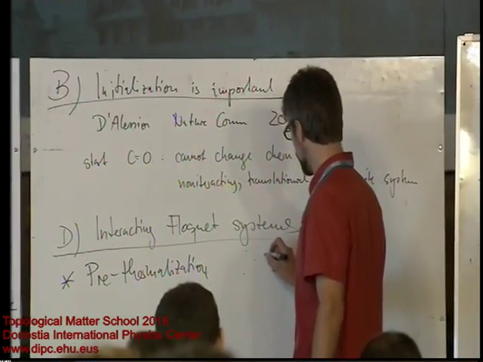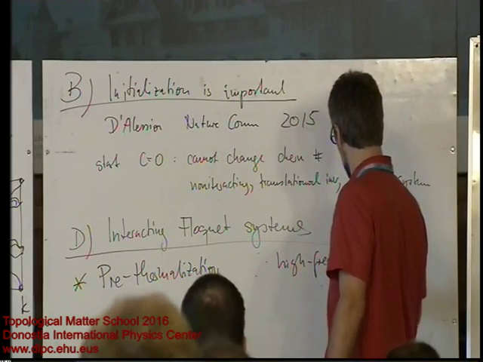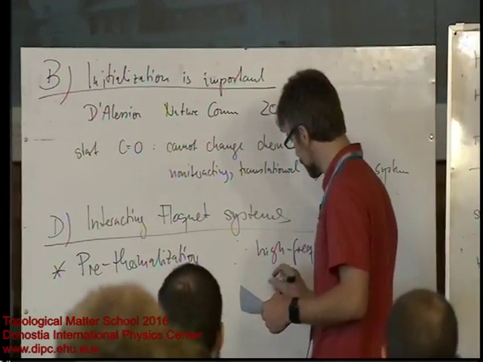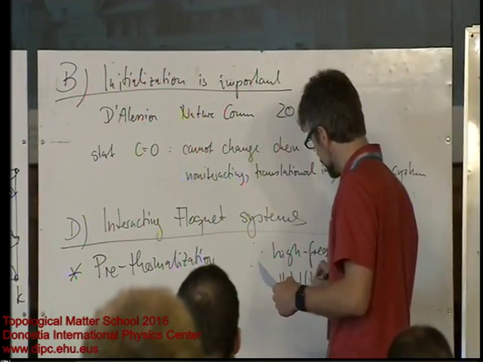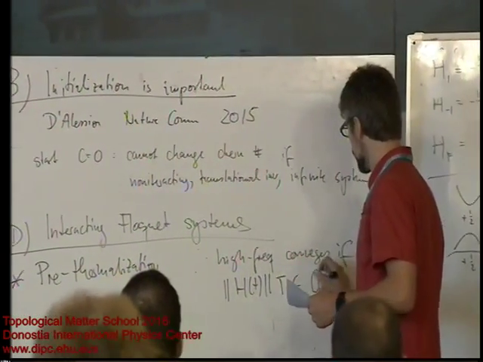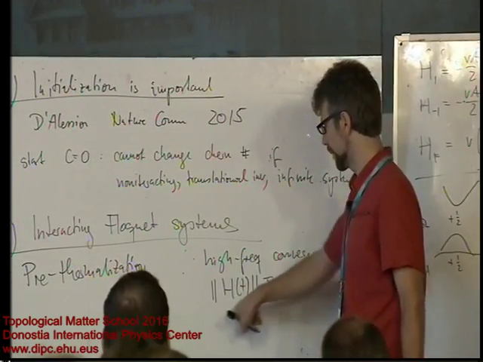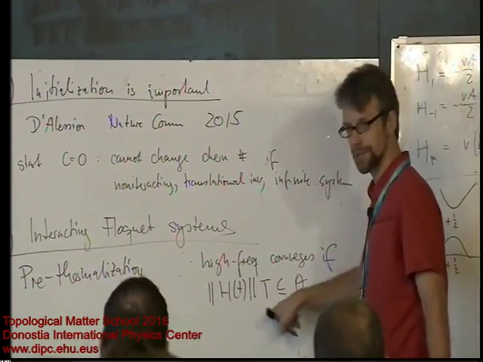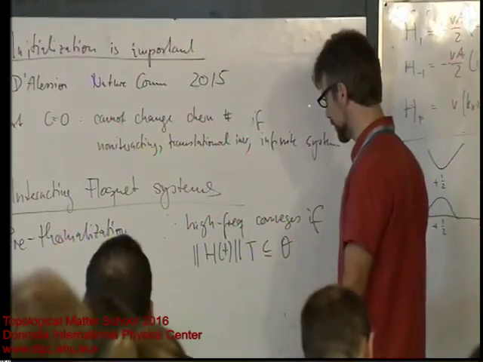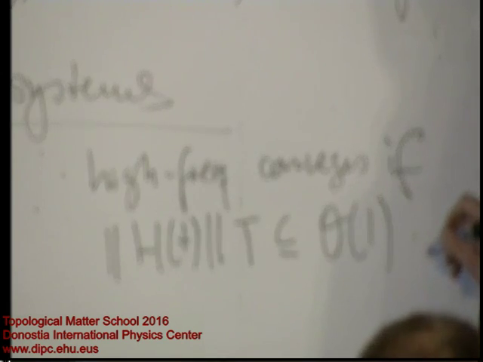So this expansion can only converge, or is only shown to converge, if my time-dependent Hamiltonian norm times the driving period is small, some measure, some norm that you can choose. I mean, typically like the largest energy of your system times the period is smaller or equal to some order 1 number.